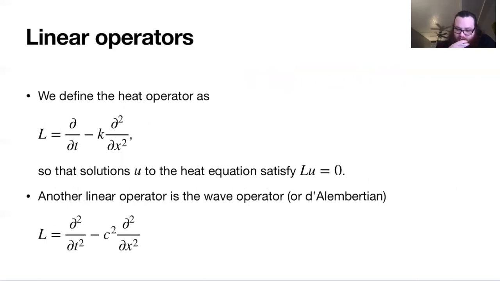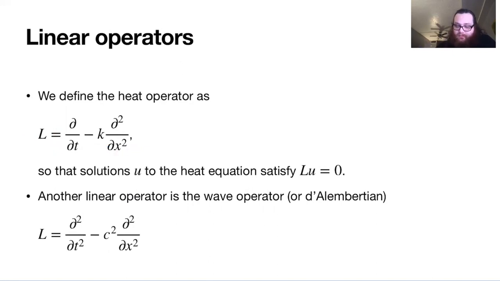So what are some specific examples of the operators that we're particularly interested in? One example is what we're going to call the heat operator. This is the name we're giving this operator. What is this operator? Apply one time derivative and then subtract k times two spatial derivatives.